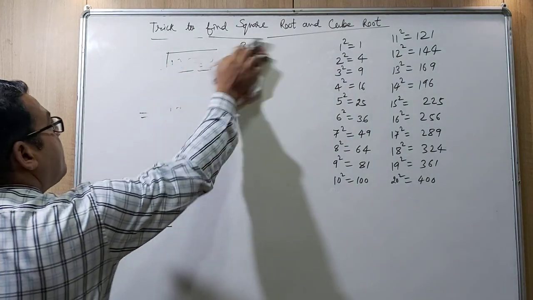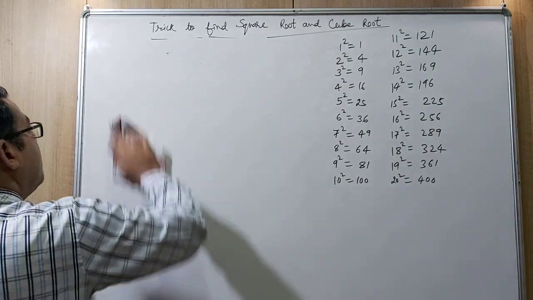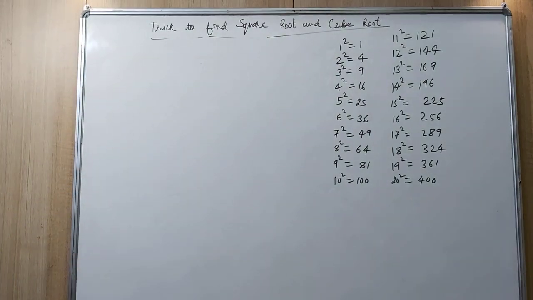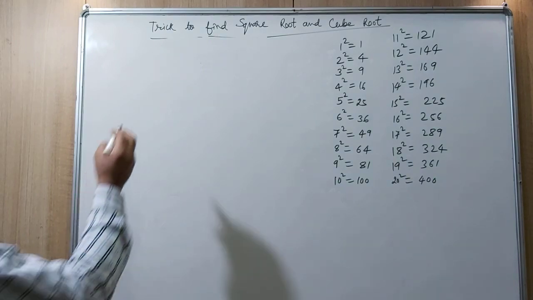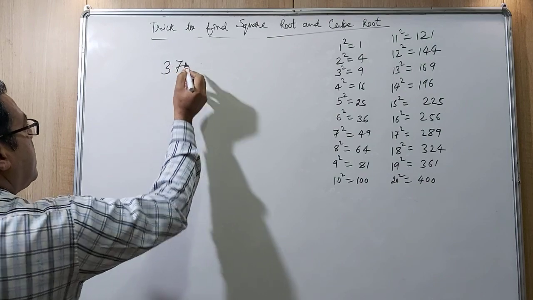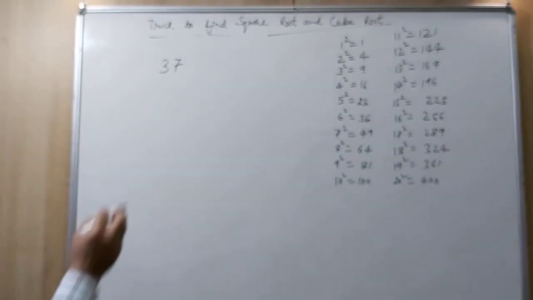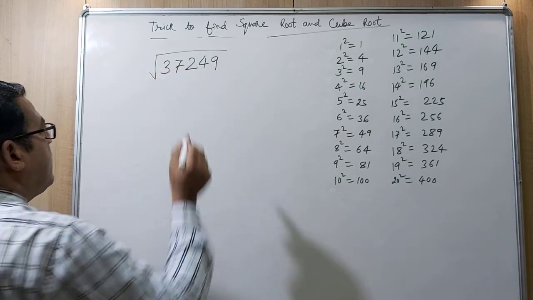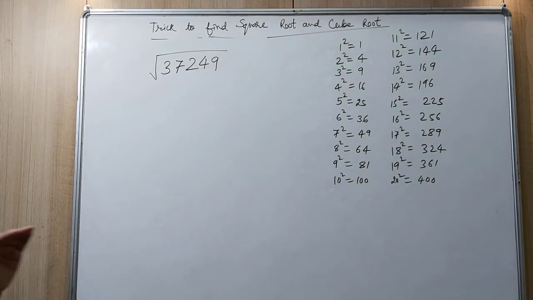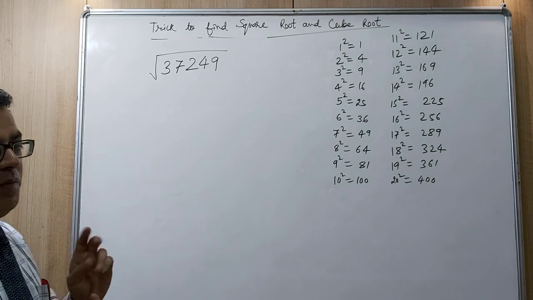One more example I am taking here of a 5-digit number. It's a big number, 37,249. Now we will try to find the square root of this number by using the trick.